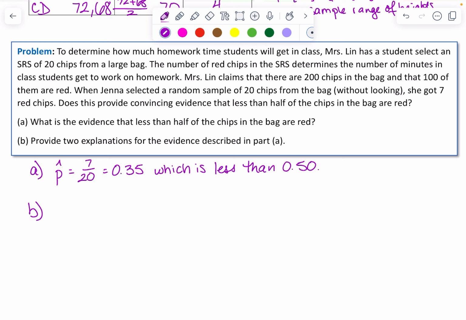One, maybe Jenna is just terrible at selecting chips in the bag. Like she just got bad luck. Jenna just got a bad grab, right? Mrs. Lin is telling the truth. There is 50% that are red.